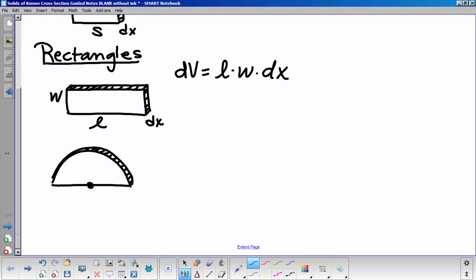This is going to be r, only one part of it here, and it's going to have a thickness of dx. And so one slice of this volume is going to be the area of its face, which is pi r squared over 2 times its thickness, which is dx.